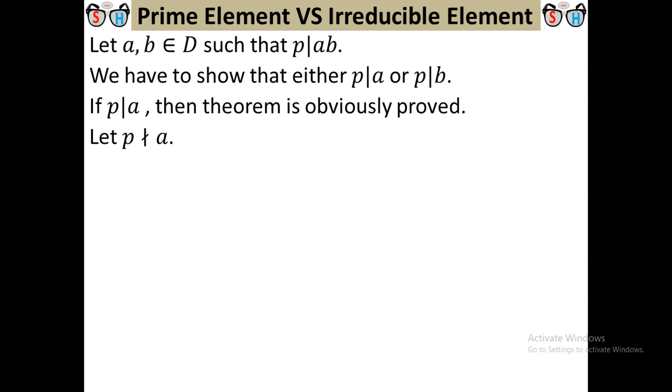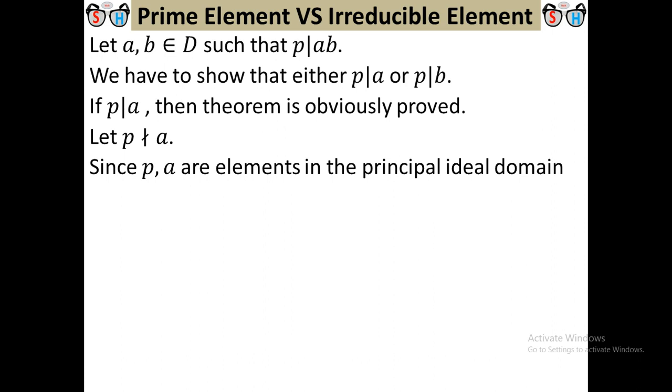Again, you know that greatest common divisor or least common multiple does not exist in every integral domain or every ring, but in a principal ideal domain, GCD and LCM of two non-zero elements always exist. Since P, A are elements in a principal ideal domain, GCD of P and A exists.